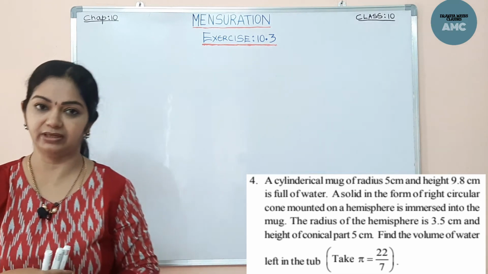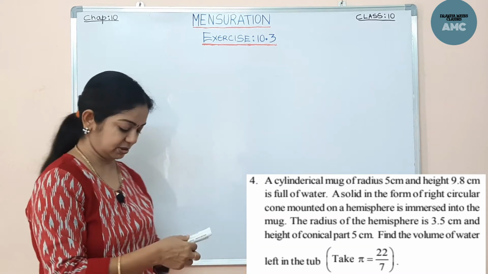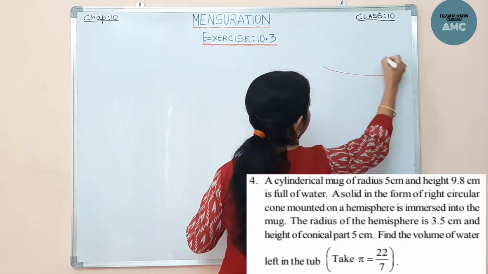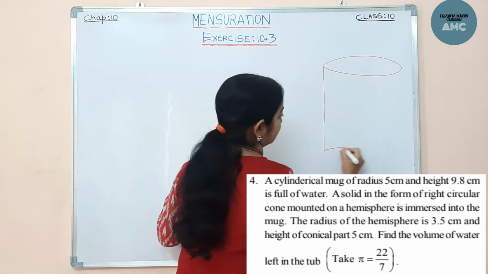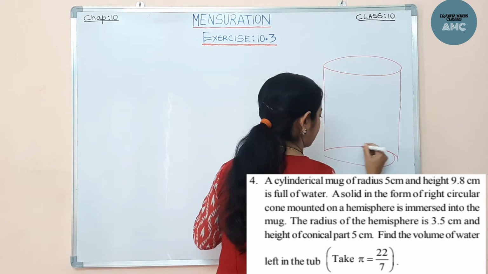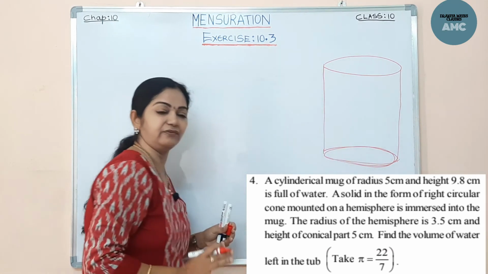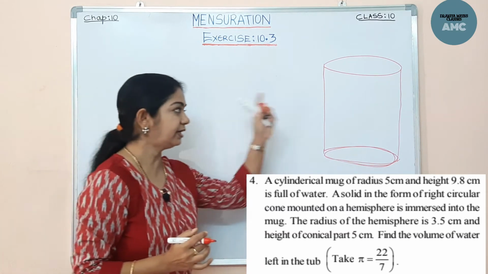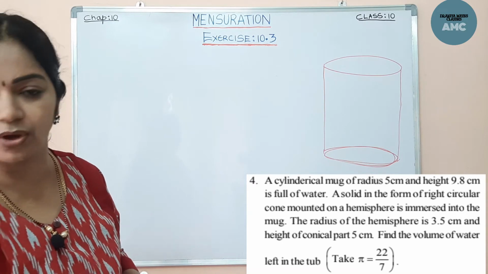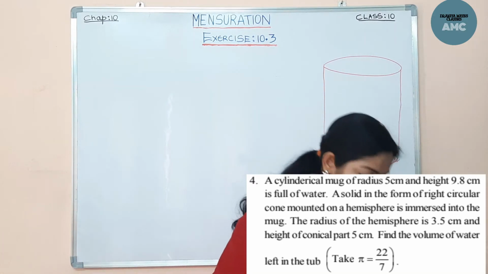Now here we have to clearly understand a cylindrical tub is there, in which, let me draw the diagram, a cylindrical tub. There is a cylindrical tub here. This is completely filled with water. Now in this, a solid in the form of a hemisphere mounted with a cone, like this, right?